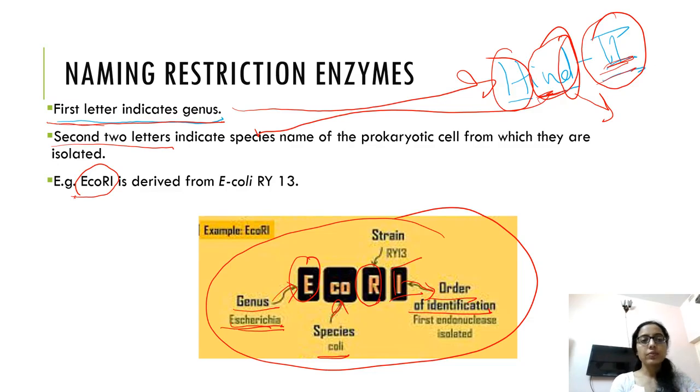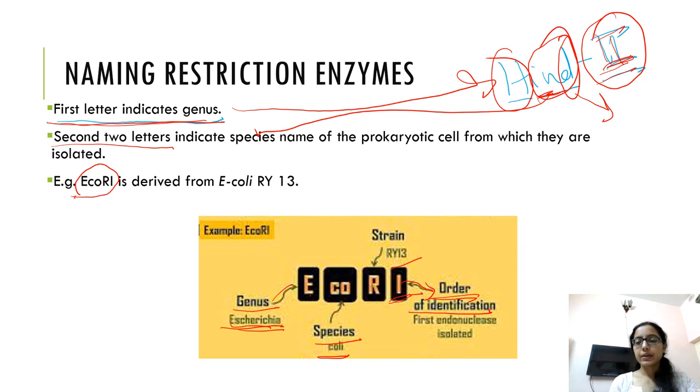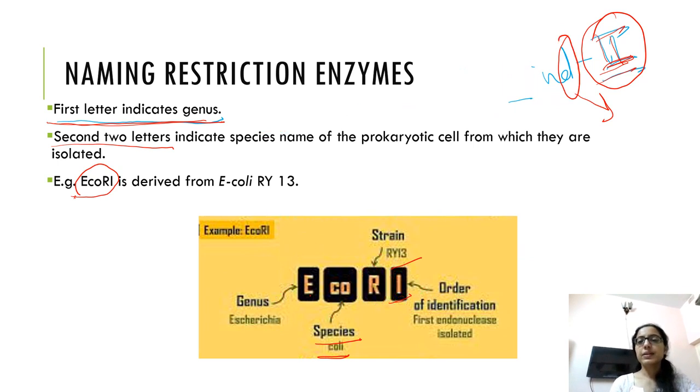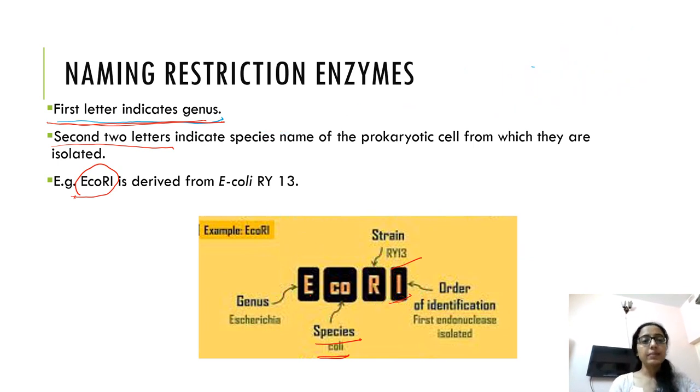So the first letter always indicates the genus, the next two letters indicate the species, the next one is the strain, and the last one is generally a Roman numeral, 1, 2, 3 like that, which is the order in which they were identified. Right, so this is how restriction enzymes are named.